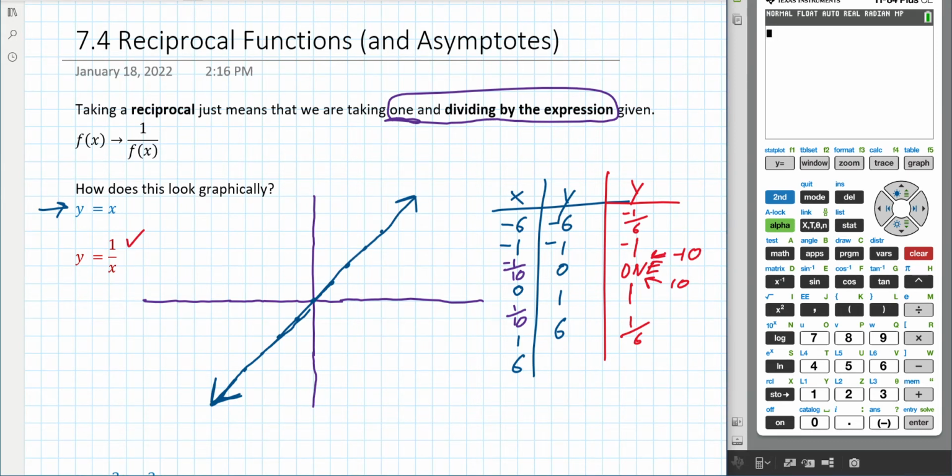So let's just put some dots down to show something. First of all, 0 does not exist, so I'm making this line. This is called our asymptote. So x equals 0 is the asymptote.